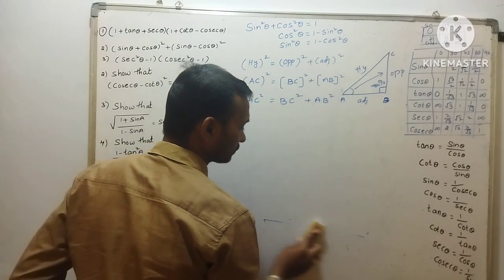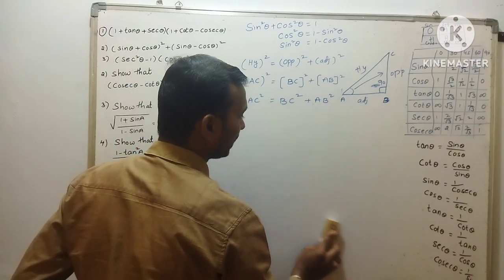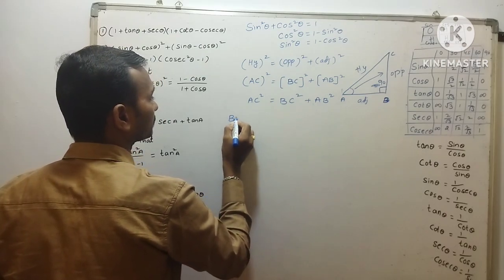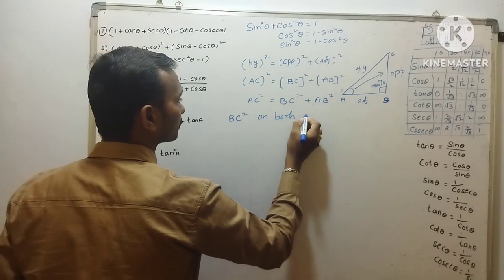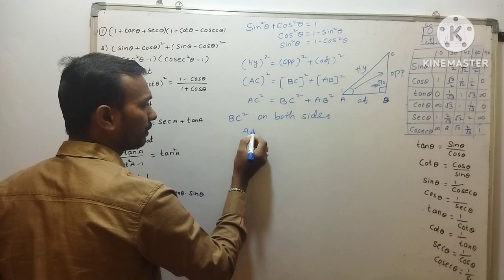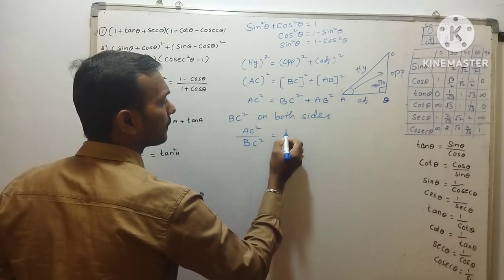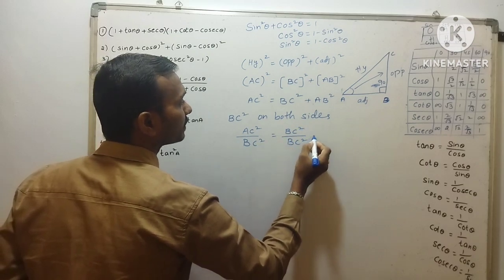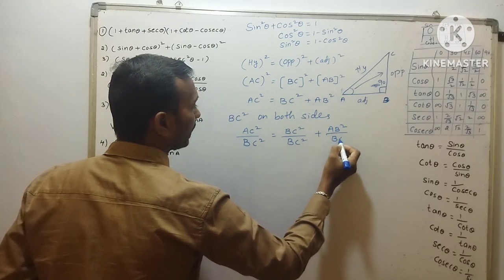Now if you divide with BC square on both sides, that is AC square divided by BC square equals BC square by BC square plus AB square by BC square.